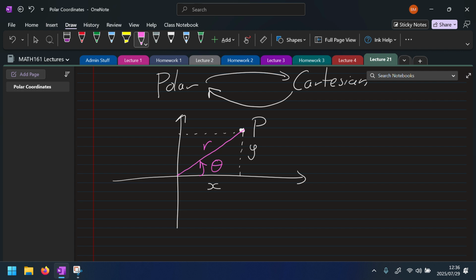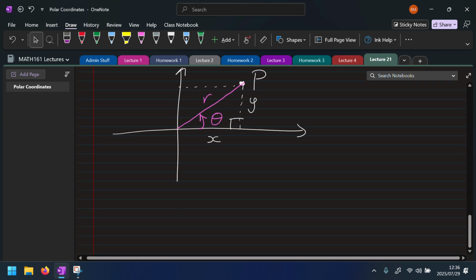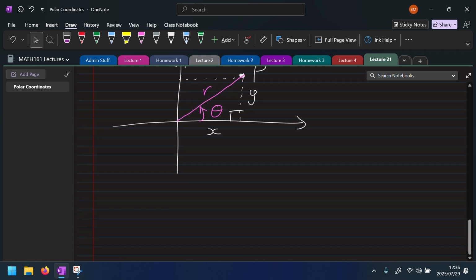Does everyone see what we did there? We looked at the point P in terms of Cartesian x and y, and now we looked at the point P in terms of r and theta for polar. But now, if you look a bit closely, we have a right angle triangle. We've got 3 sides, we've got an angle, we can use some trig. So what can we do?